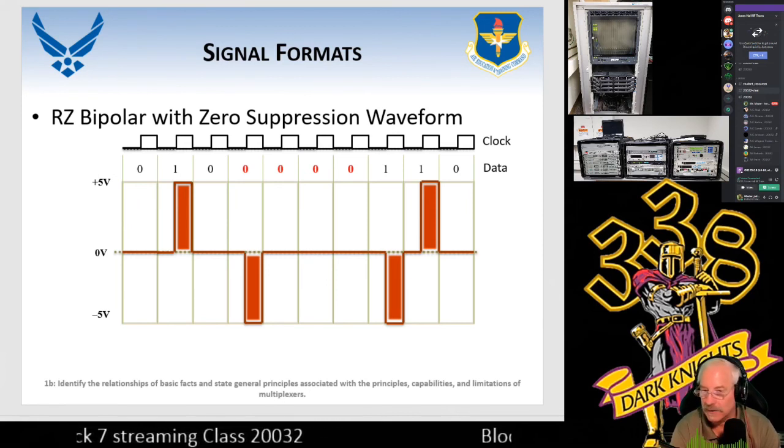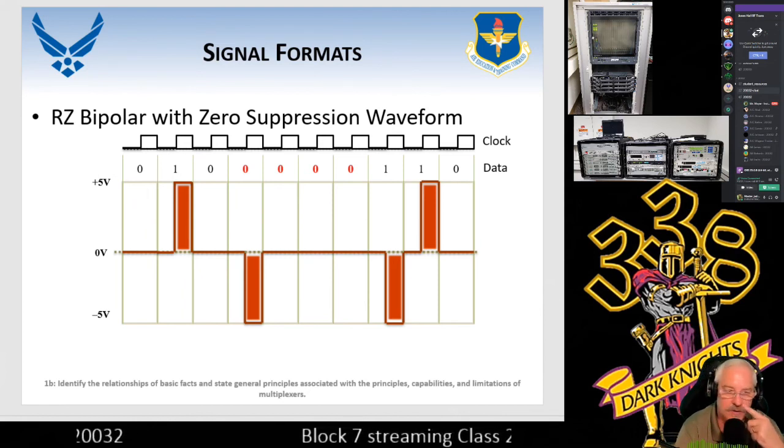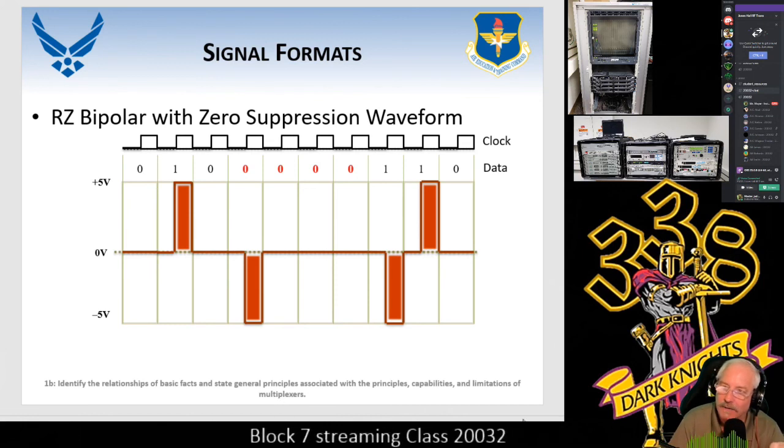It's saying to the distant end, "Hey, I just had 3 zeros in a row. The fourth zero is a bit violation." Oh, okay, so I'm going to sync back up then. And then, of course, it goes back to the regular stage of, here's a data of 1 and it flip-flops like it was supposed to. And that's how we get self-clocking out of RZ bipolar with zero suppression, or better known as alternate mark inversion.